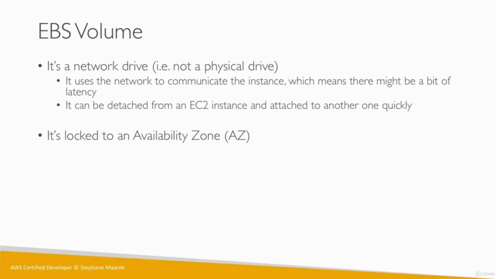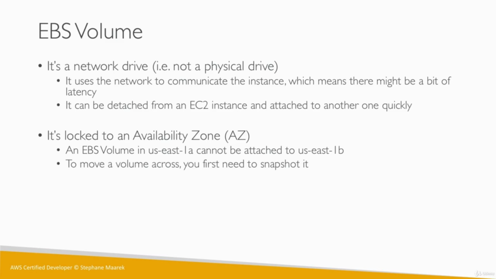An EBS volume, when you create it, will be locked to a certain availability zone, or AZ. So if you created an EBS volume in US East 1A, it cannot be attached to US East 1B. Also, that means that to move a volume across, we first need to snapshot it, and we'll see what snapshots are in a second.